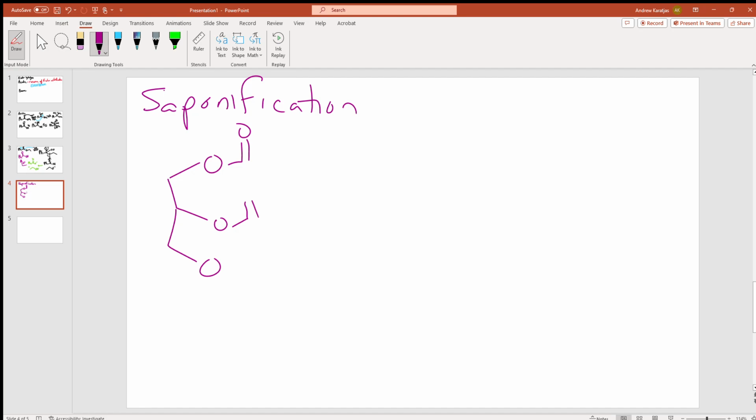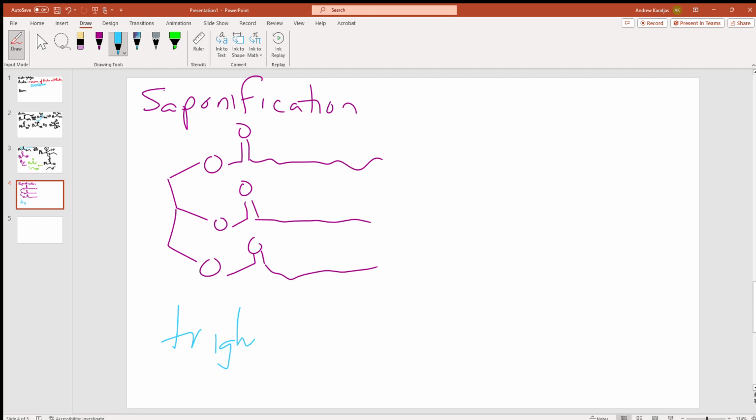So we have what's essentially a triol that gets added to 3 different carboxylic acids, and each one of them has a long chain. And you may be familiar with compounds like this, but this is a triglyceride. And if you take a triglyceride and treat it with hydroxide, you may have to heat it up as well.